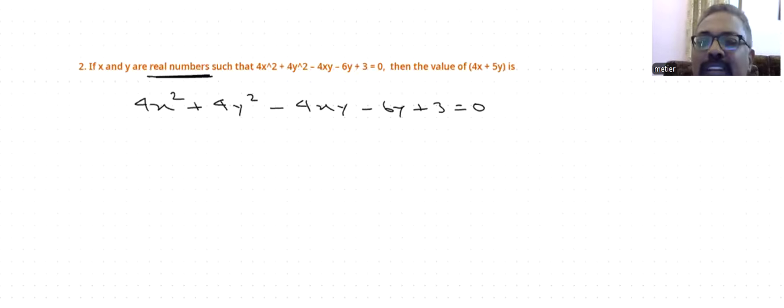Otherwise, very common experience says that a quadratic equation with two variables cannot be solved from a single equation until or unless some special clue is there. And the special clue here is right hand side 0, and we are dealing with real numbers. That's the biggest clue. You have to write it down in the square form. Let's try.